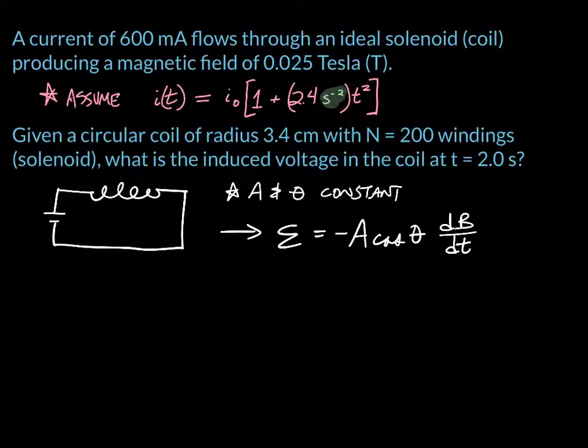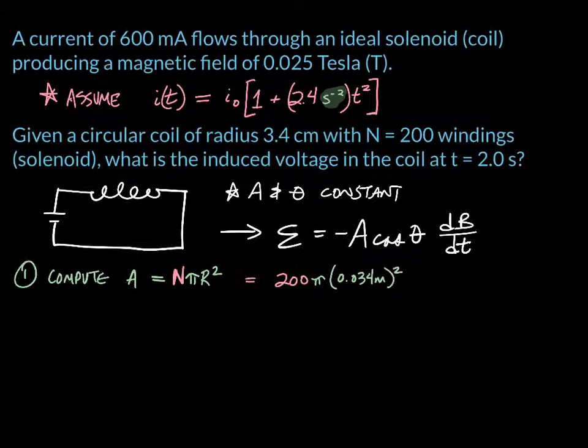So what do we got to do first? Number one, we need to compute the area. Okay, and that's going to be, well, we know the area of one coil is pi r squared, but I have 200 of them. So that means I'm going to have 200 pi times, what is it, 0.034 meters.